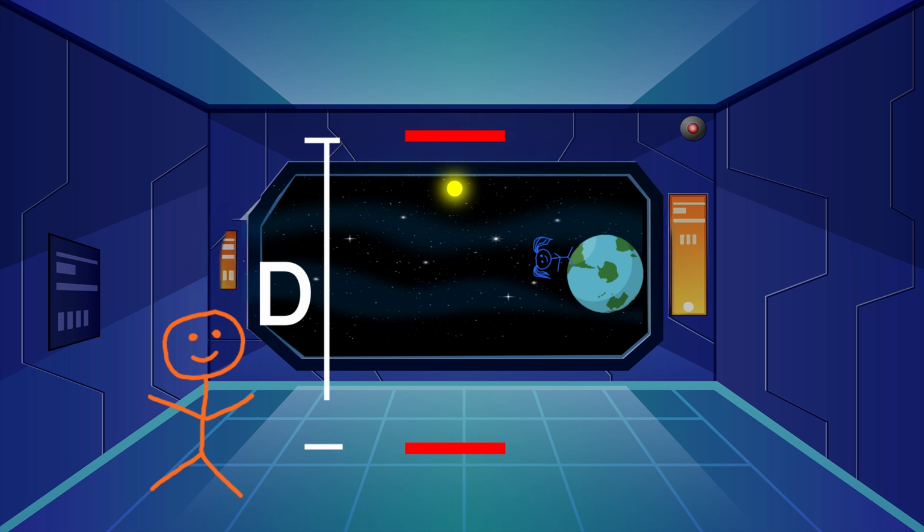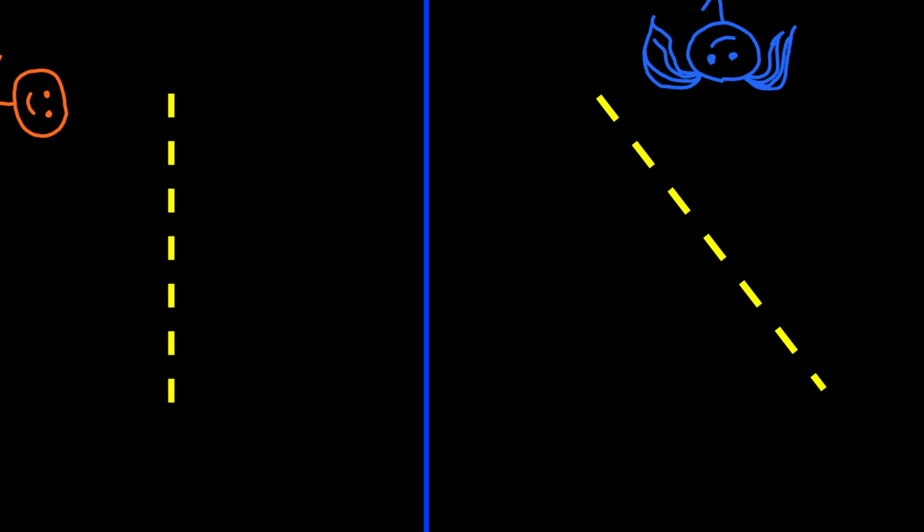So this is from Bob's frame of reference. But Emily sees the whole thing differently. Since the spaceship is moving, she sees that instead of a simple vertical path, the light beam of the light clock travels this diagonal path, which means greater distance.